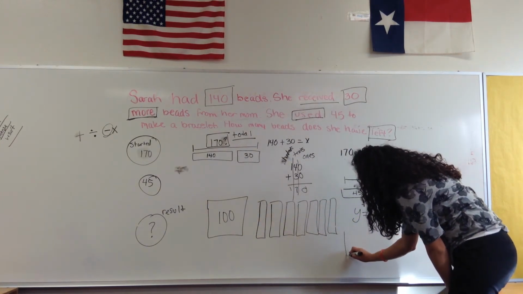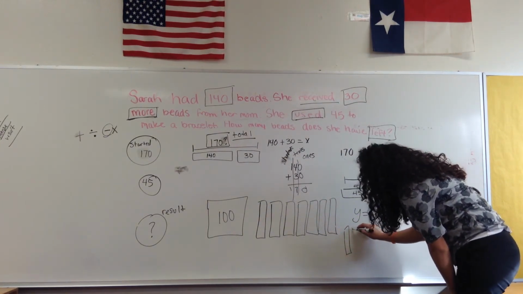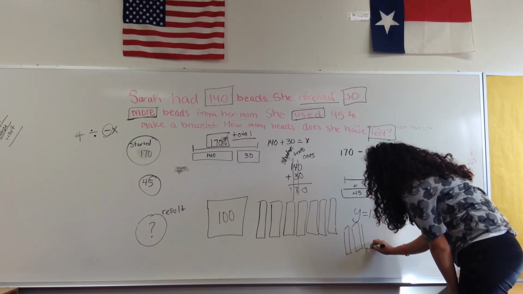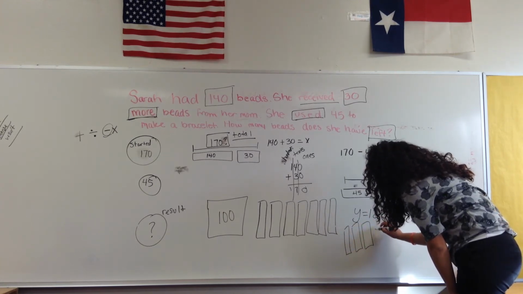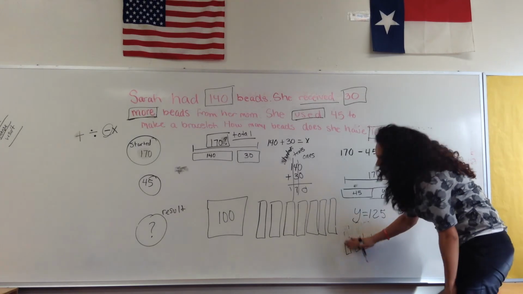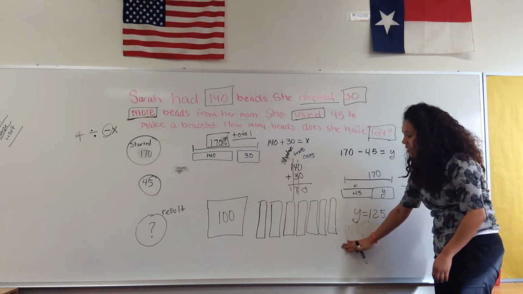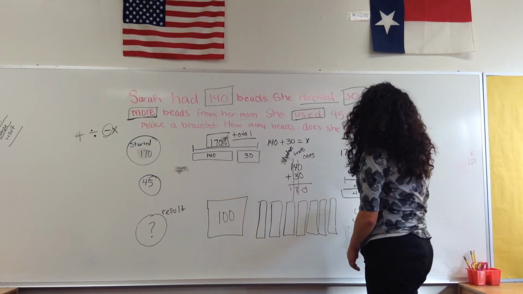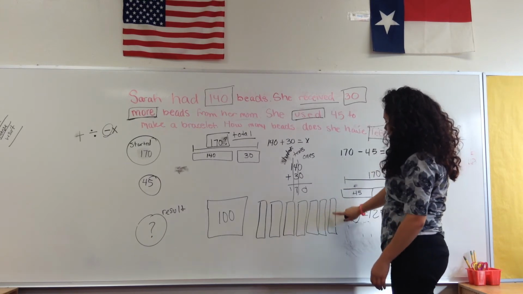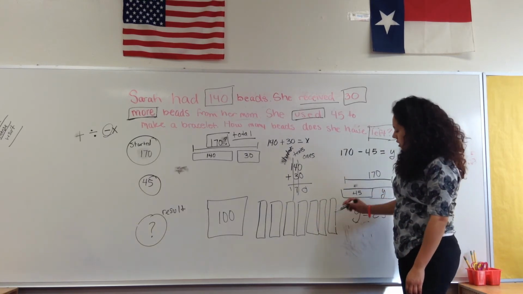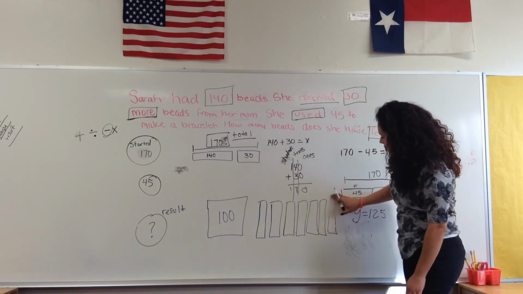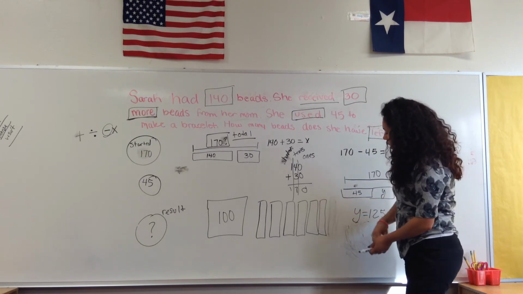So we have 1, that's 10, 20, 30. Let's subtract 45. So each of these is 10. So we're going to subtract. We're going to take one away. That's 1.